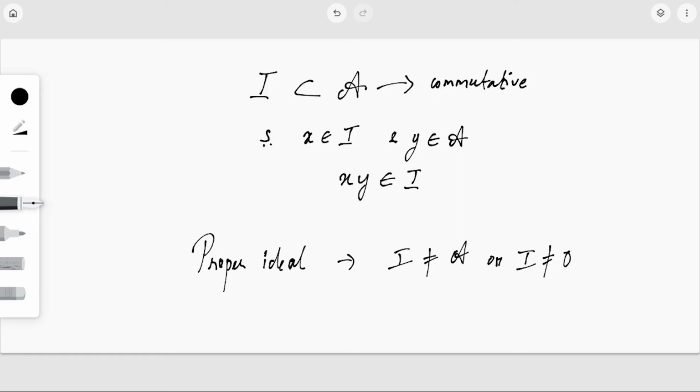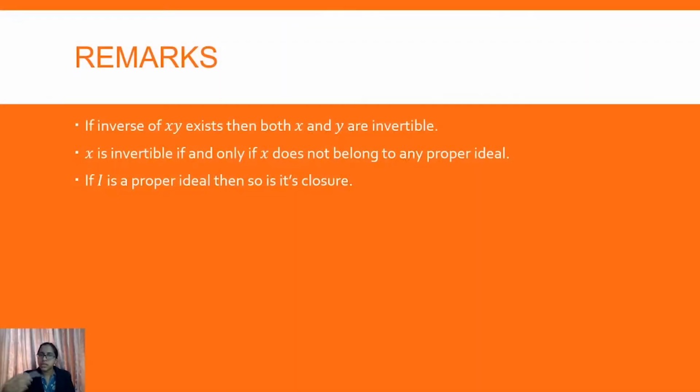So an ideal is a set in the commutative algebra, and a proper ideal is one that is not equal to the Banach algebra we are considering, or to 0. I have just revised what an ideal is. Next we shall discuss some remarks related to the concept of ideals in a Banach algebra.